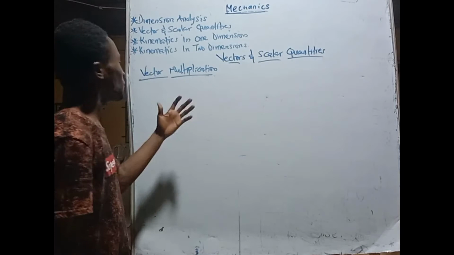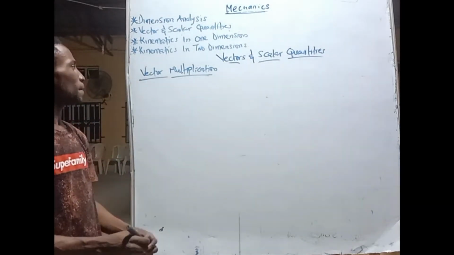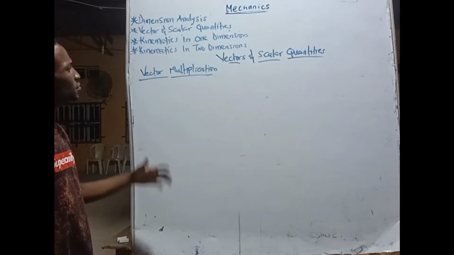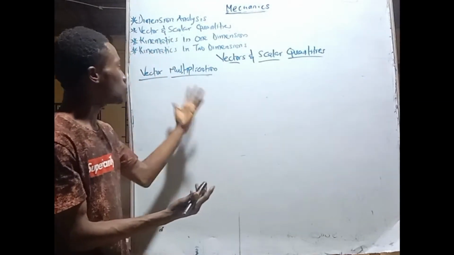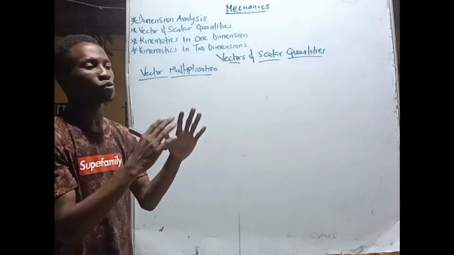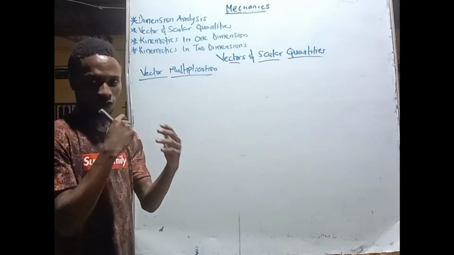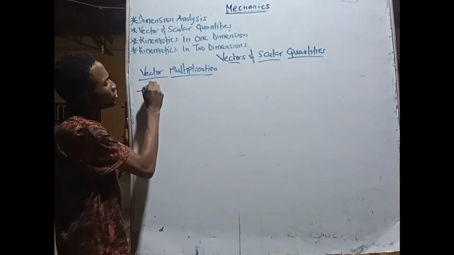Alright, so welcome back. This is vector multiplication. Under vector multiplication, there are 3 methods we can use to solve questions relating to the multiplication or product of vectors. Number 1, we have the dot product.